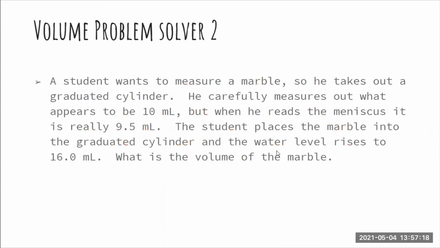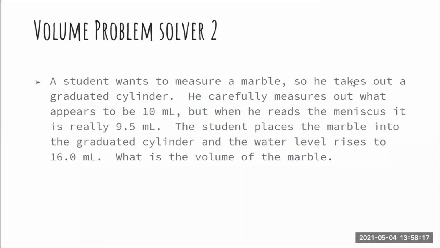Let's do another volume problem solver. A student wants to measure a marble, so he takes out a graduated cylinder. He carefully measures out what appears to be 10 milliliters, but when he reads the meniscus, it is really 9.5 milliliters. The student places the marble into the graduated cylinder and the water level rises to 16 milliliters. What is the volume of the marble?